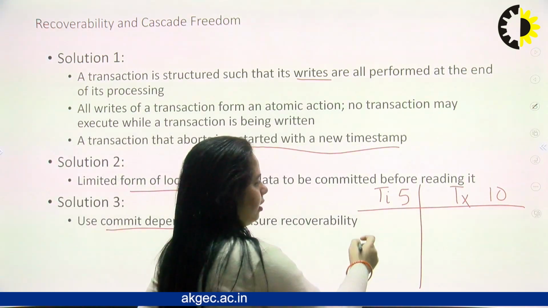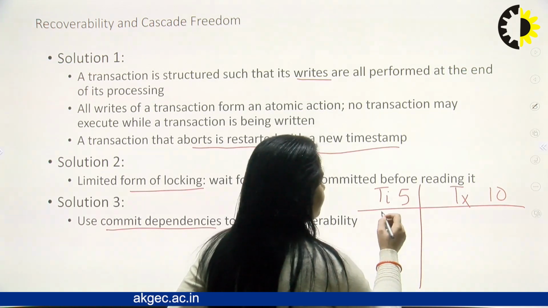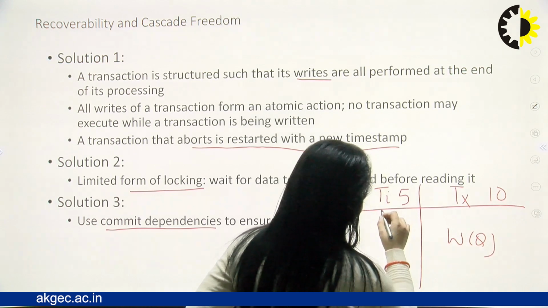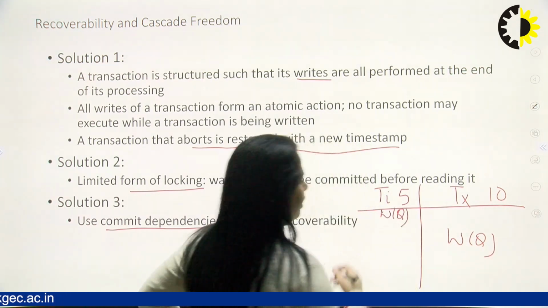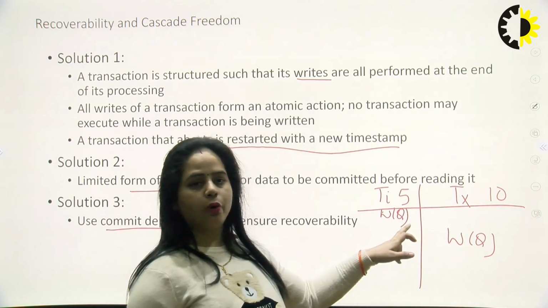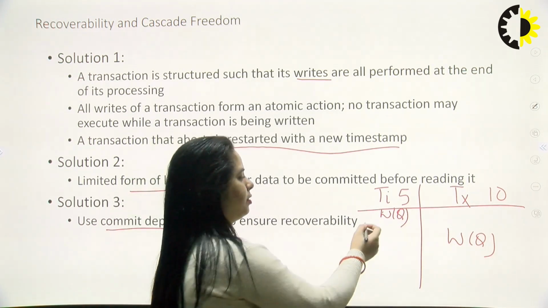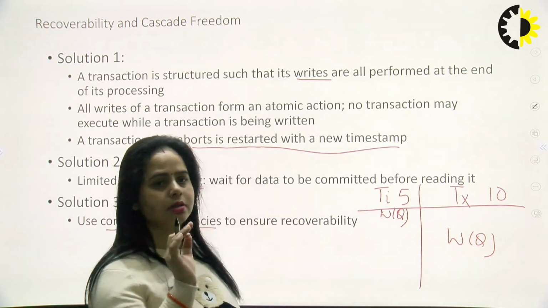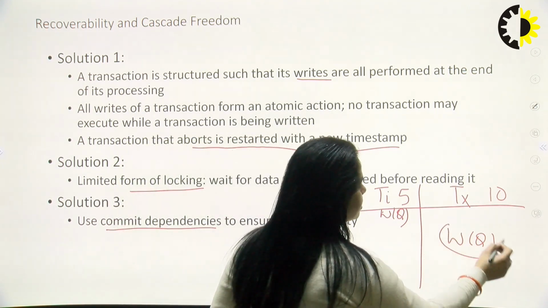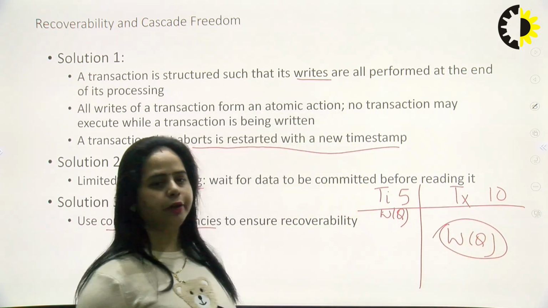Now let's suppose transaction Ti wants to perform a write operation on data item Q, but when its turn comes, it misses the chance, and in the meanwhile another transaction comes into the system and performs the write Q operation.